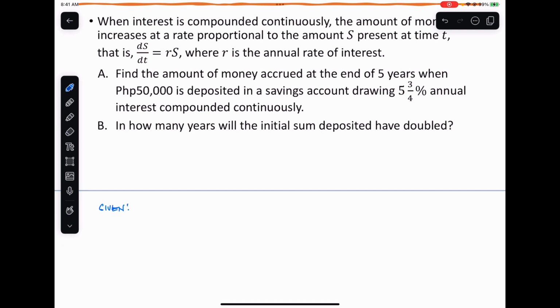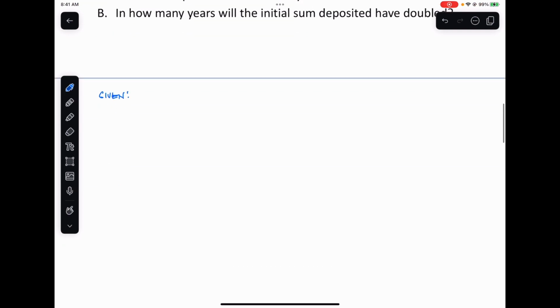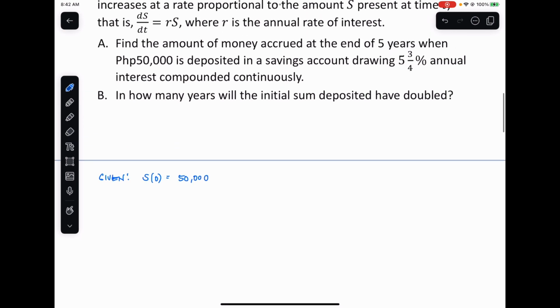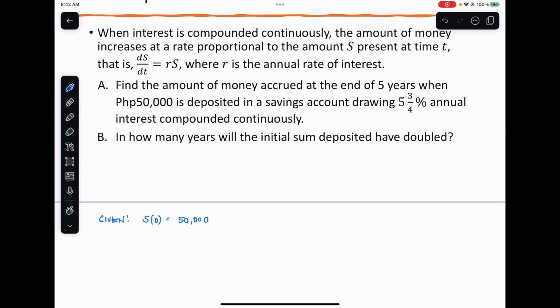But it says here that initially, 50,000 pesos was deposited in a savings account. Therefore, at time equal to 0, there is 50,000 pesos in the bank.